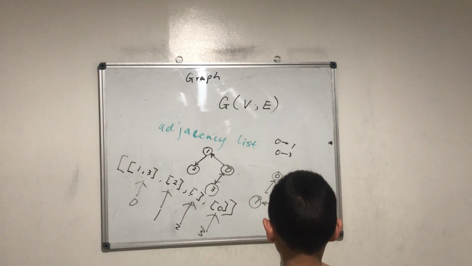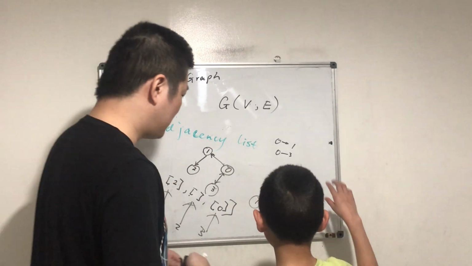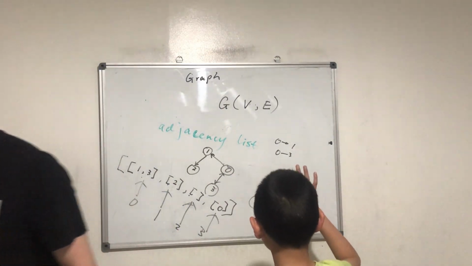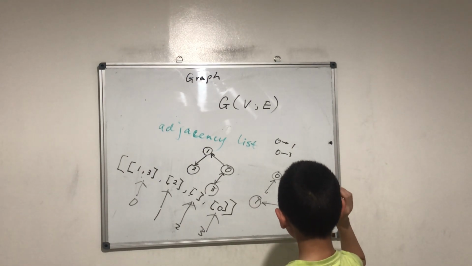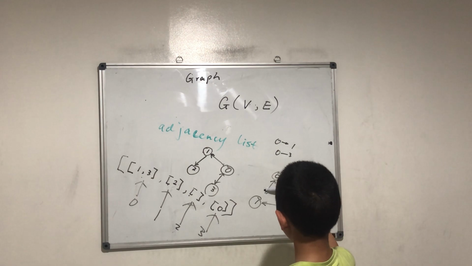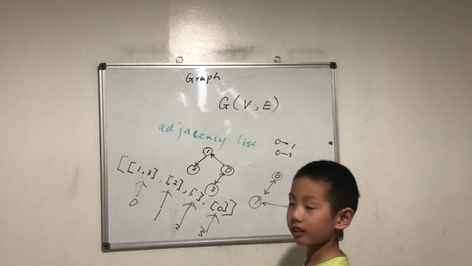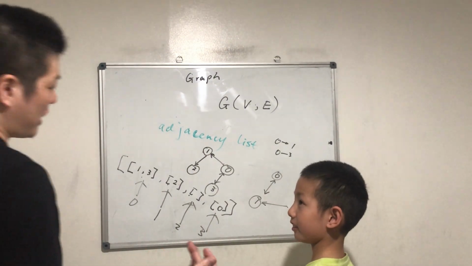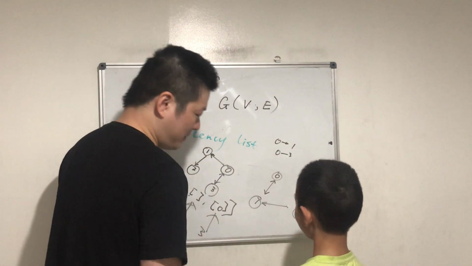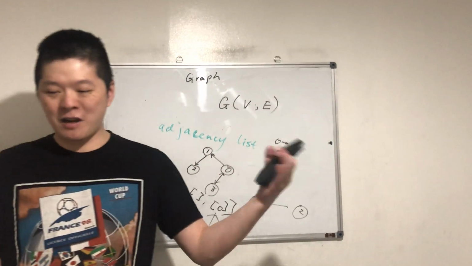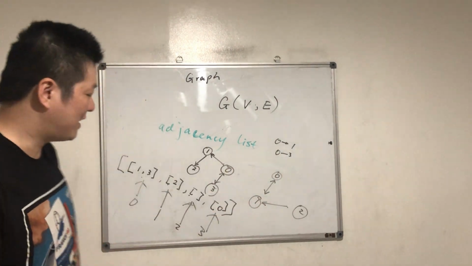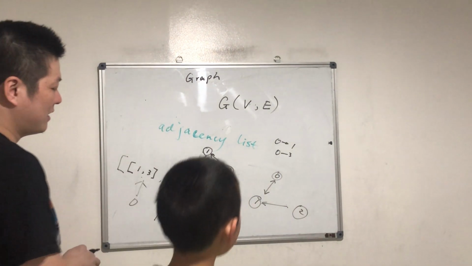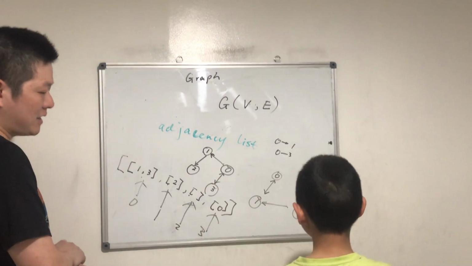How do we do it? Wait, what if there's both directions? That's a good question. When you reverse it, it's the same, right? Because you have two ways, and when you reverse it, it still has two. So how do we do this? All you need to do is reverse it. How do we reverse it?